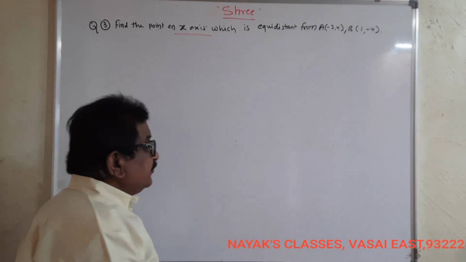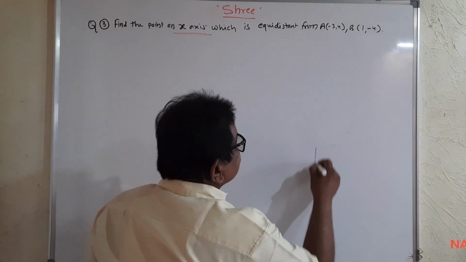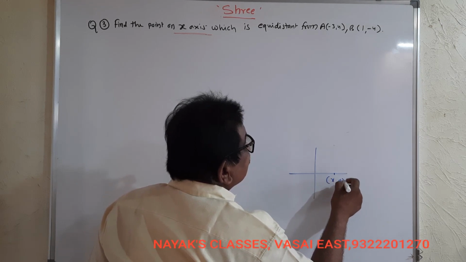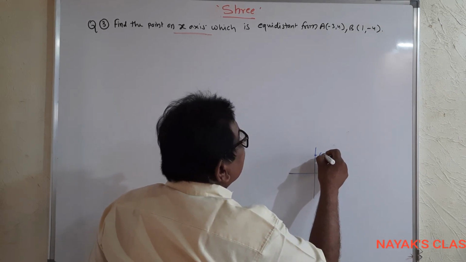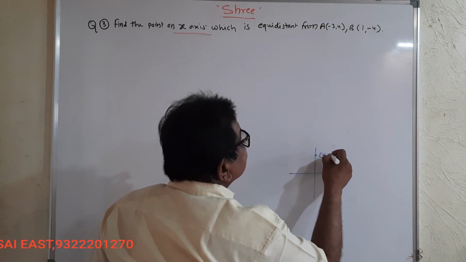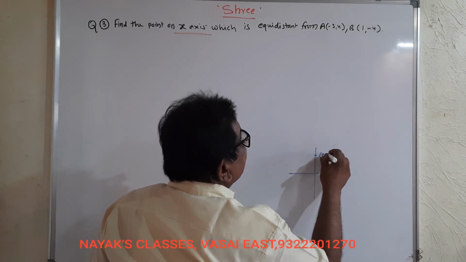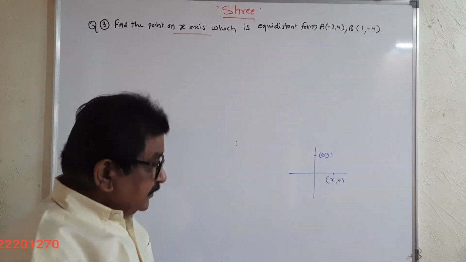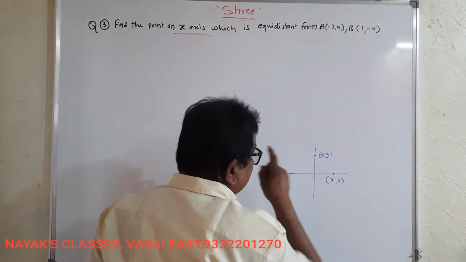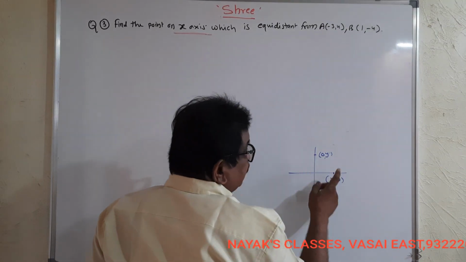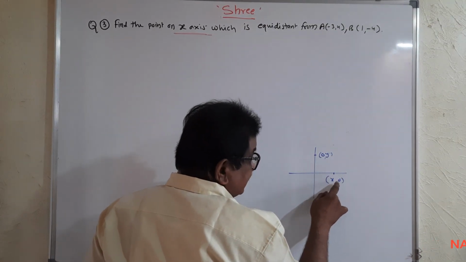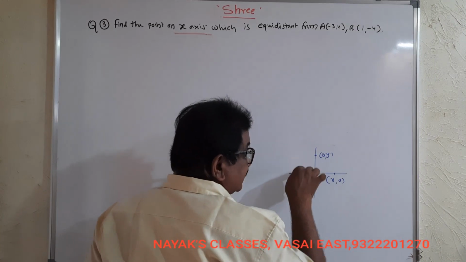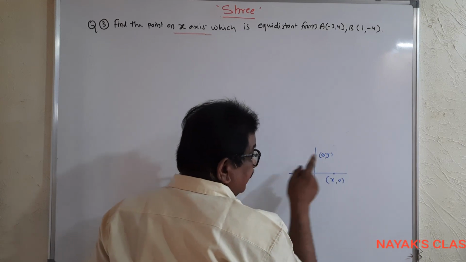So you must be remembering these points. If it is lying on the x-axis, it will be (x, 0). If it is lying on the y-axis, it will be (0, y). If you know this, then it's easy. Remember this.